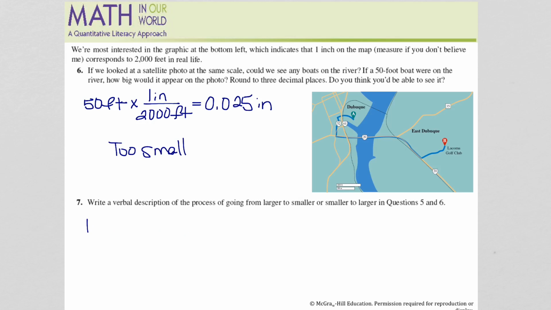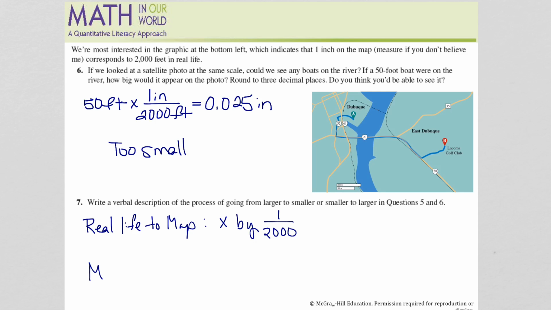So if we're going from real life to map size, then we're multiplying by 1 over 2,000.